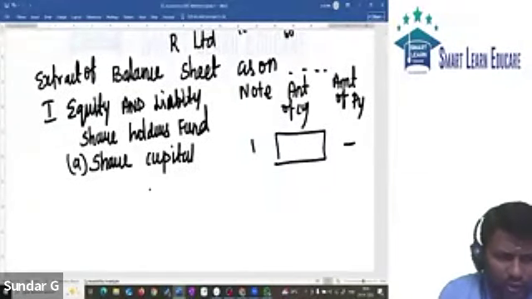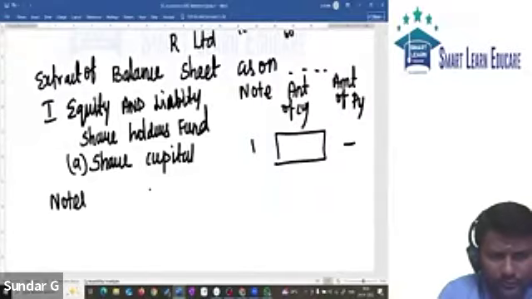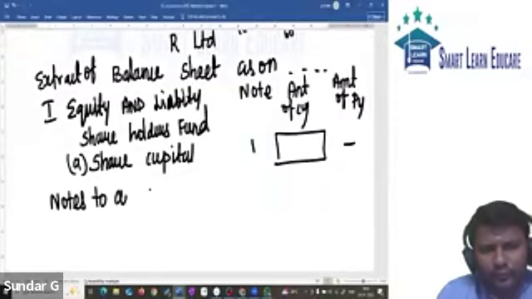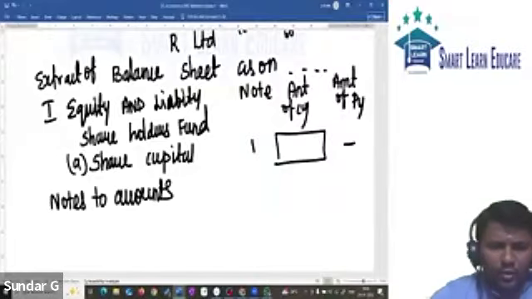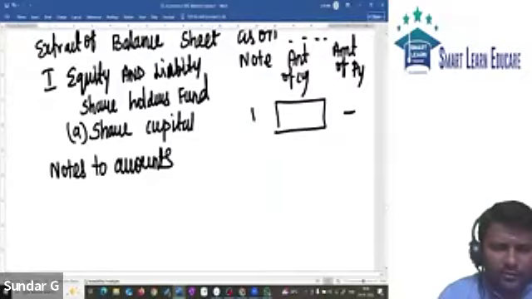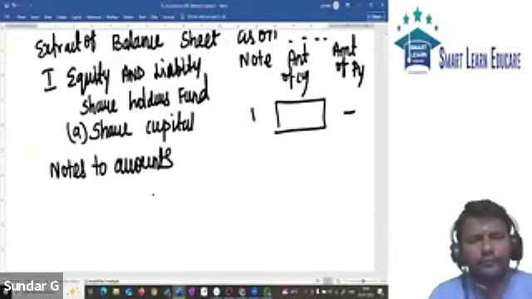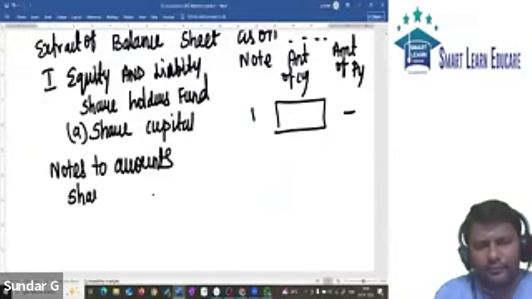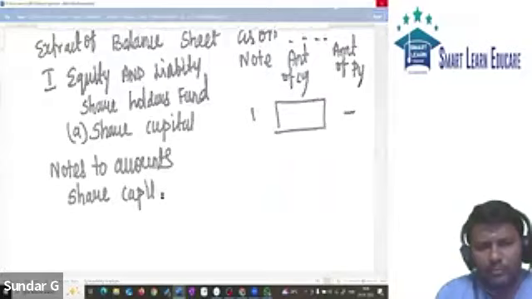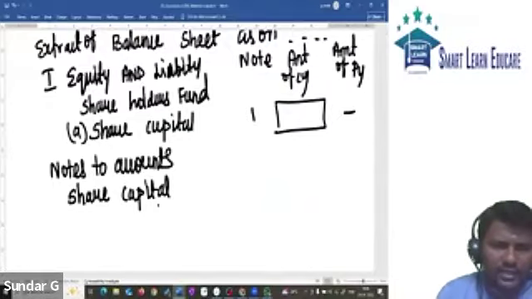So here we are going to prepare notes to accounts. In notes to accounts, the first classification is share capital, Note number 1, share capital.